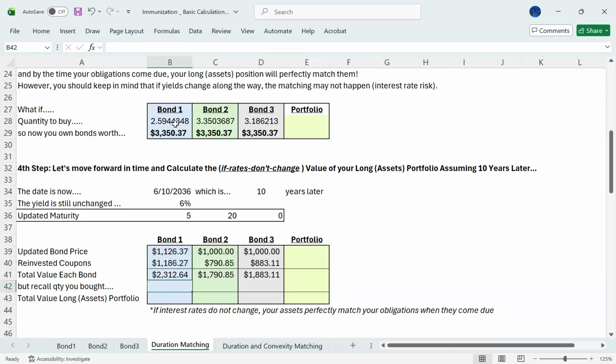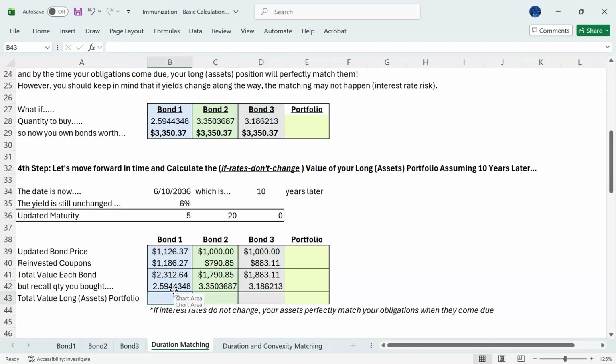I bought some quantity. And I bought that quantity because I need it in order to reach immunization, the value of my assets to match the present value of liabilities. So the quantity I bought was this, and this.